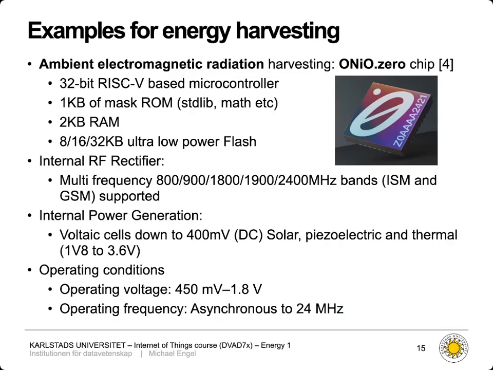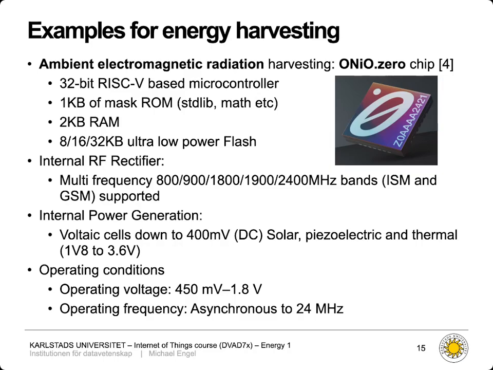Another interesting example is what I already mentioned, the ambient electromagnetic radiation harvesting. And there's a company in Oslo and Trondheim called Onyo, and they have developed the Onyo Zero chip. This is a 32-bit, very small and simple RISC-V based microcontroller, which has very little hardware features, so only 1 kilobyte of ROM, which contains a number of standard library functions for math, for I/O, and so on, 2 kilobytes of RAM, and a bit of ultra-low power flash for your application.